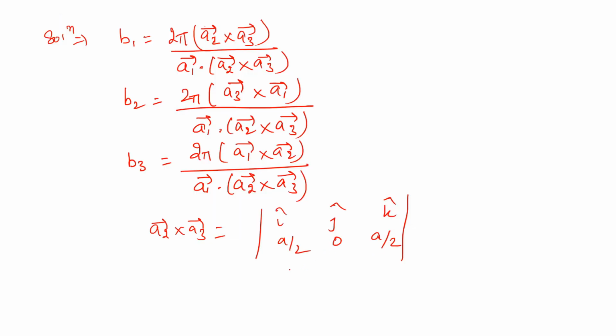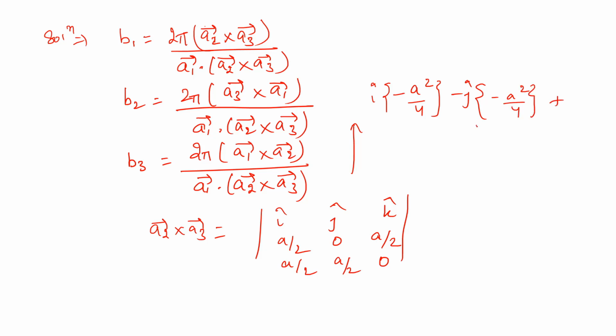A3 is I, J. So this is I minus A square by 4, minus J minus A square by 4, plus K A square by 4. So this will become minus A square by 4 into minus I plus J plus K. So first we will solve the denominator, then we will solve the numerator for B2 and B3.